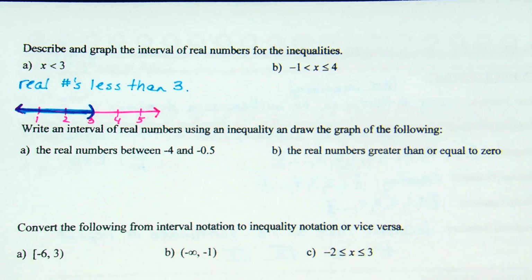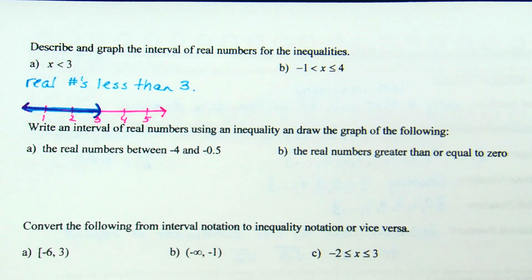That's my description there. I was just rereading the directions and making sure we've done what we were supposed to do. We described, which to me says use words, and graphed it. We graphed it, yes? Okay.